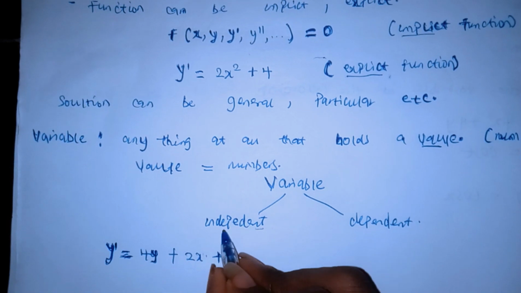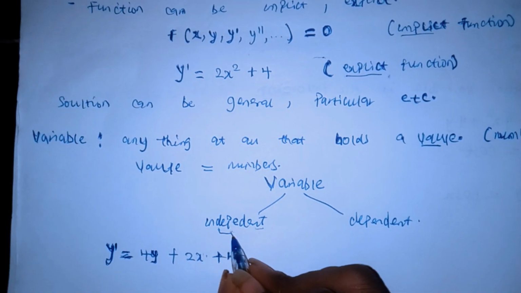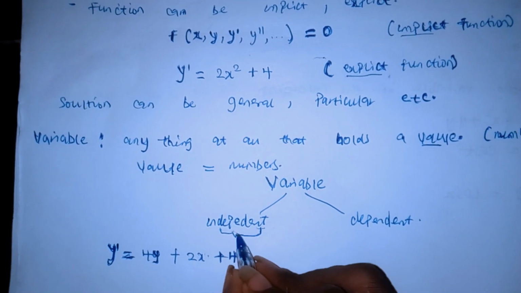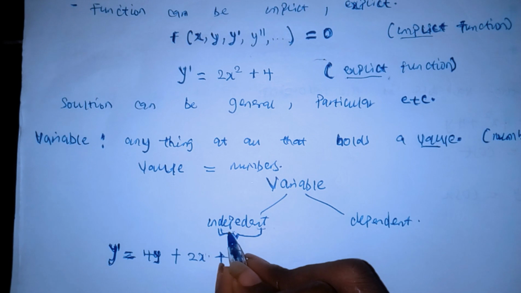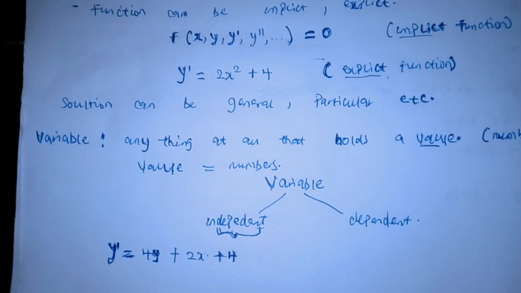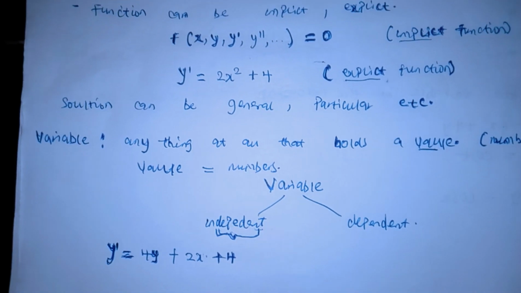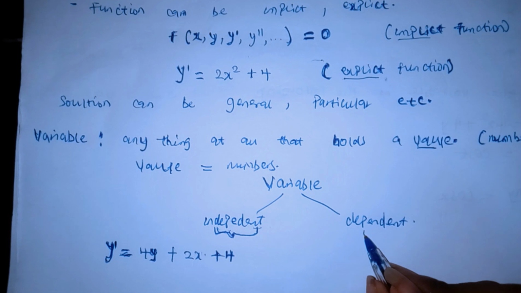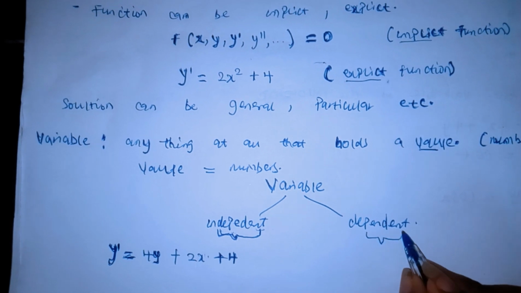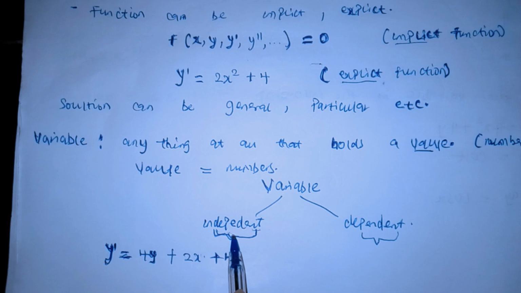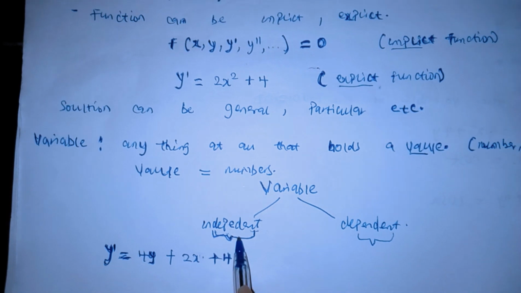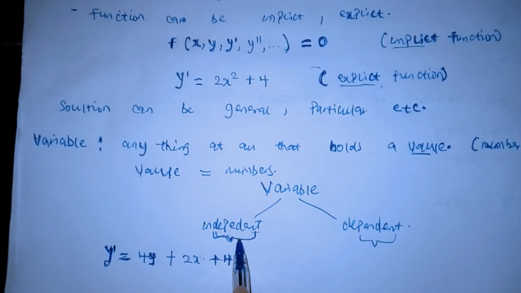Okay, let me go in right now. Independent variable is a variable that does not depend on somebody else. It exists on its own. That is independent variable. But the dependent variable is depending on the independent variable, hoping and relying on it.